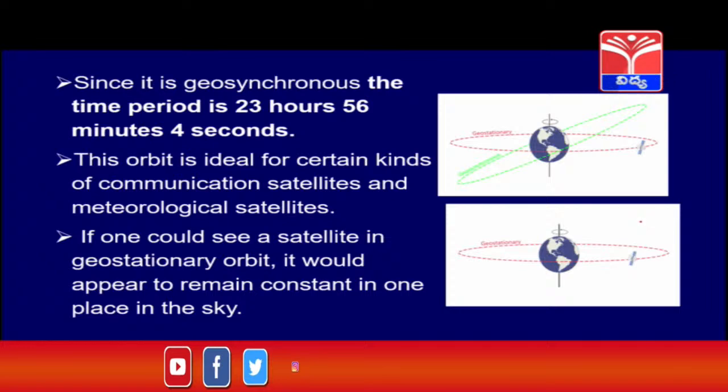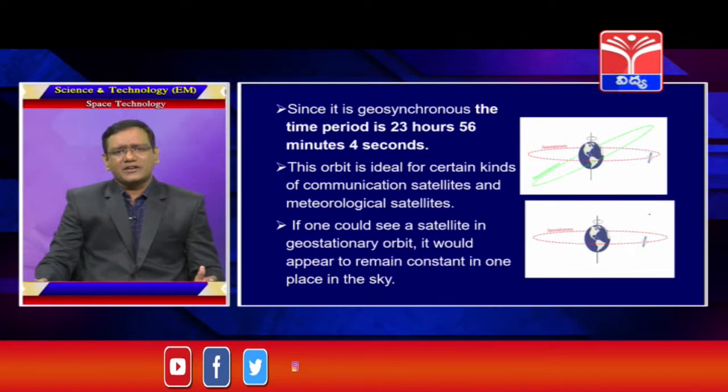This orbit is ideal for certain kinds of communication satellites and meteorological satellites. For communication, the satellite takes the signal from the Earth and then sends the signal to the Earth again, so it should appear constant from the Earth.